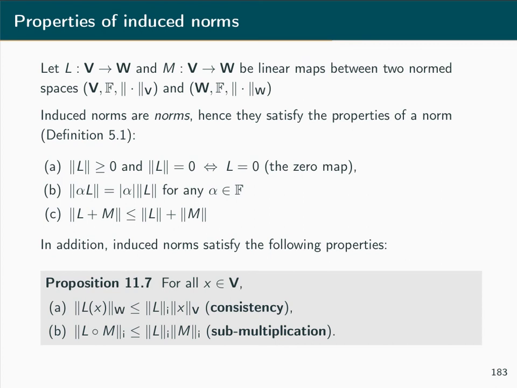And B, the induced norm of the combination of 2 linear maps L and M is always less than or equal to the induced norm of L times the induced norm of M, which is called the submultiplication property. The proof of part A follows immediately from definition 11.4 of the induced norm. The proof of part B will be exercise number 5 on exercise sheet 12.